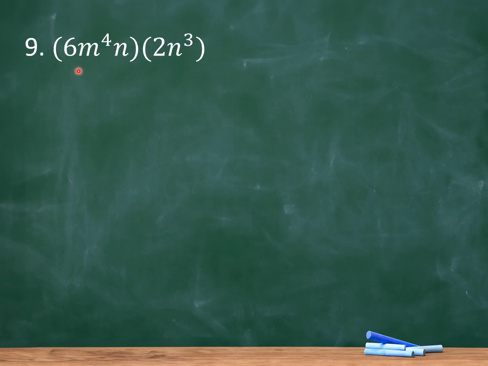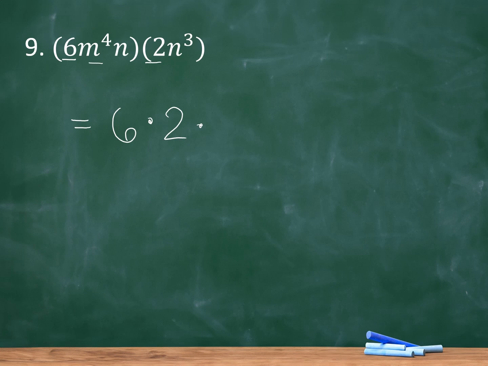Example number 9, 6m to the power of 4 n times 2n cubed. So we will do the same thing as we did before. We will multiply first our numerical coefficients, 6 times 2, and then let's multiply our variables.